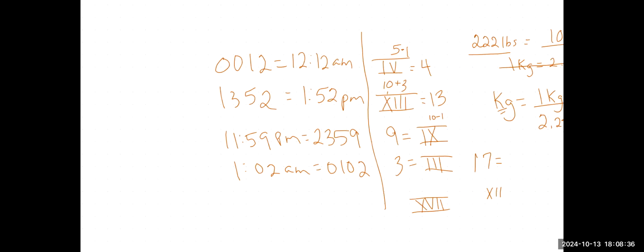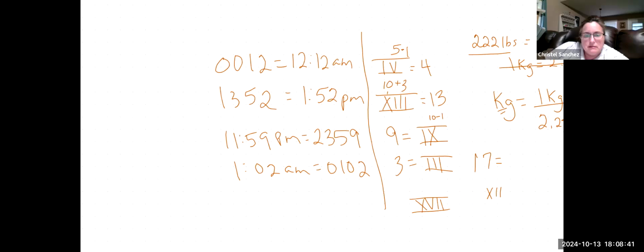That's right. So we have our 10, and then we have 5 plus 2, which equals our 7. And then when we add them up, it equals 17.